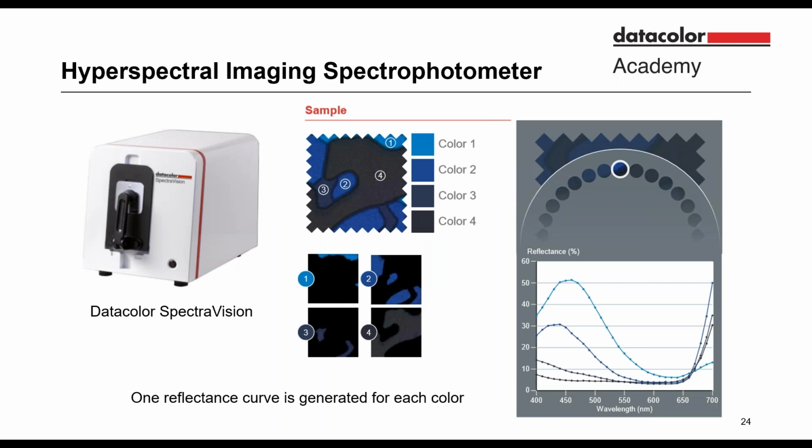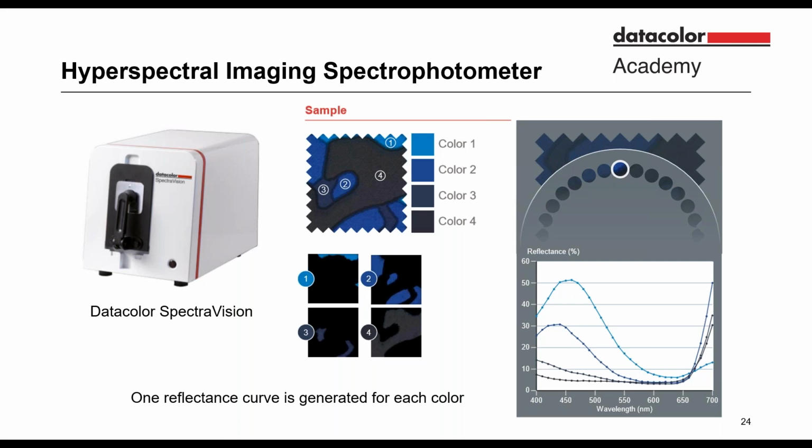It's a hyperspectral imaging spectrophotometer. It basically is a combination of a spectrophotometer with a camera that allows us to capture these materials, to capture multicolor prints. In the example, we have a sample with 4 colors.